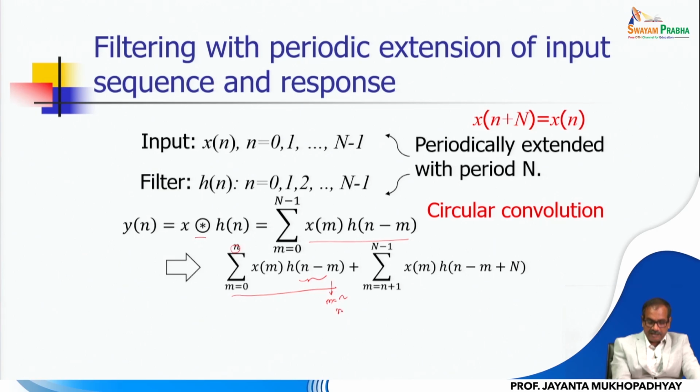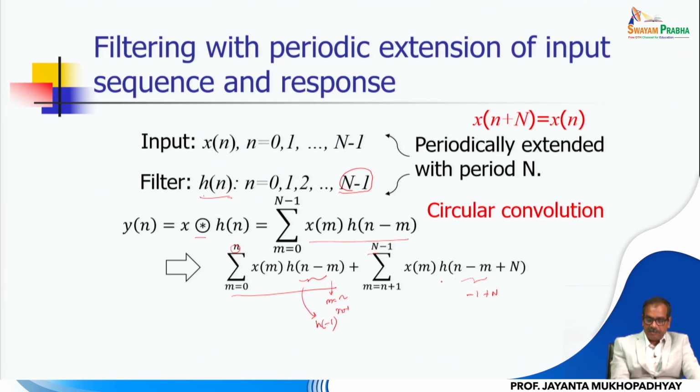So next, if you put n plus N, this value would be h of minus 1. So what is h of minus 1? If I put minus 1, it is minus 1 plus N, that is N minus 1. So your definition of h of minus 1 is not here, but due to periodic extension, virtually you can get the value of h of minus 1, which would be available already in the definition, and this goes till the N minus 1th sample.